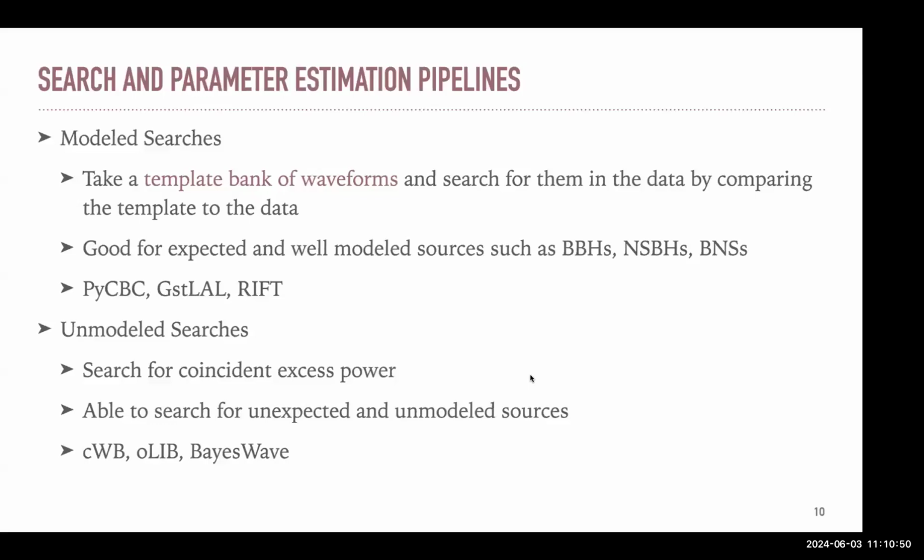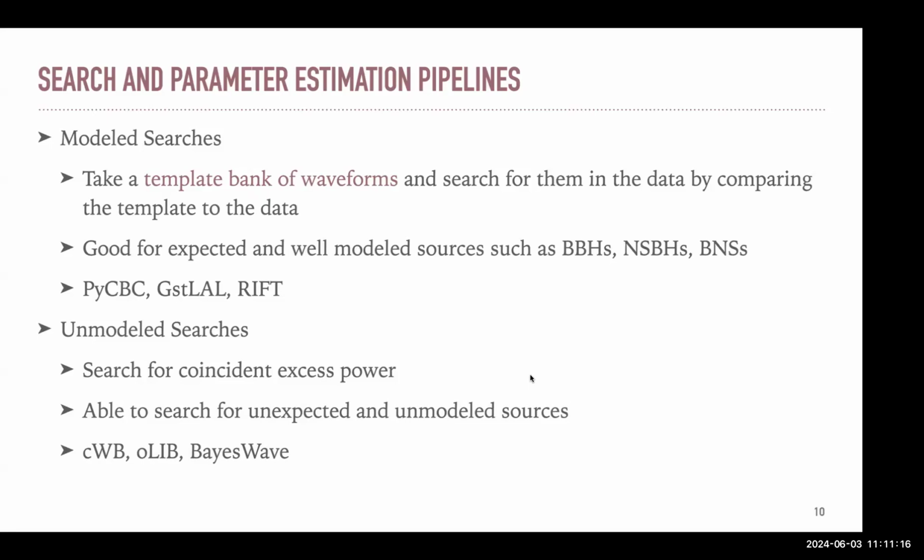All right, now how these things actually get found by LIGO. There are a number of different search and parameter estimation pipelines. There are modeled searches that take a template bank of waveforms and search for them by comparing them to the data, moving them across the data and finding a match, finding where it looks like the data.